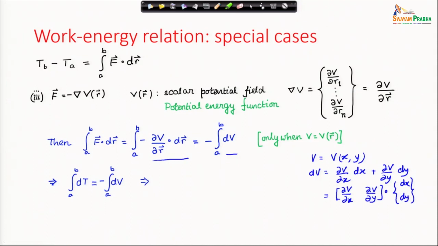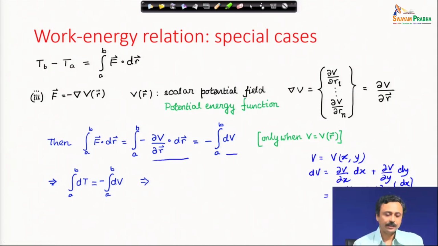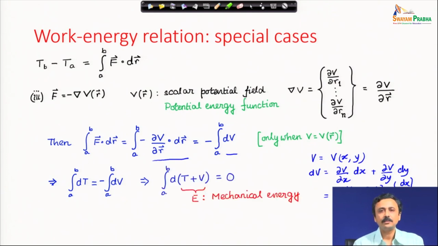Therefore, the infinitesimal change of kinetic energy integrated from A to B must be equal to minus the integral of dV. Now, I can bring the integral on the right hand side to the left hand side and write the combined integral as d of T plus V, and this T plus V, kinetic energy plus potential energy, is known as the total mechanical energy of the system.